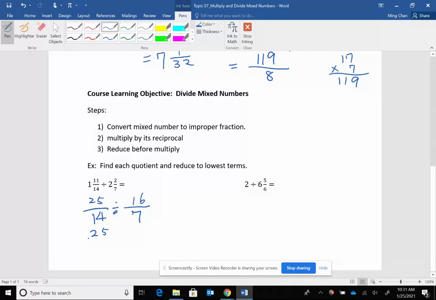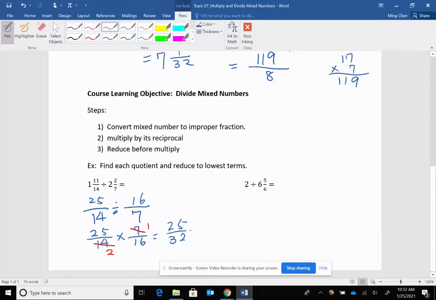So 25 over 14 stays the same, times 7 over 16. And I know 7 and 14 can be reduced into 1 and 2. So multiply them side to side, my answer is 25 over 32.